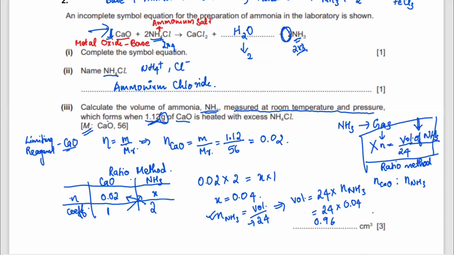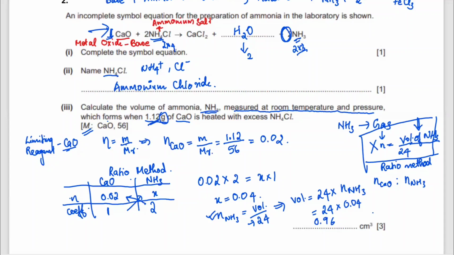So the calcium oxide, which acts as the limiting reagent, is taken as the reference molecule, and we first find the number of moles of calcium oxide using the formula m by Mr since it is a solid. Then we use the ratio method to find the number of moles of ammonia.